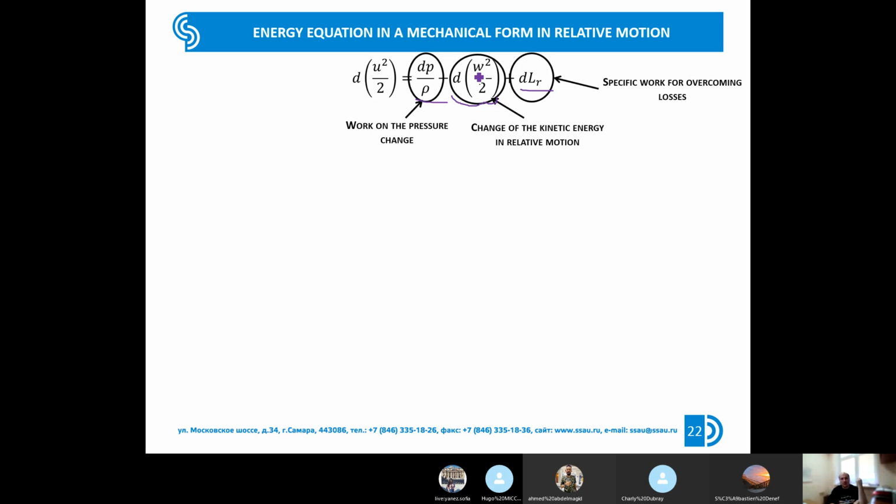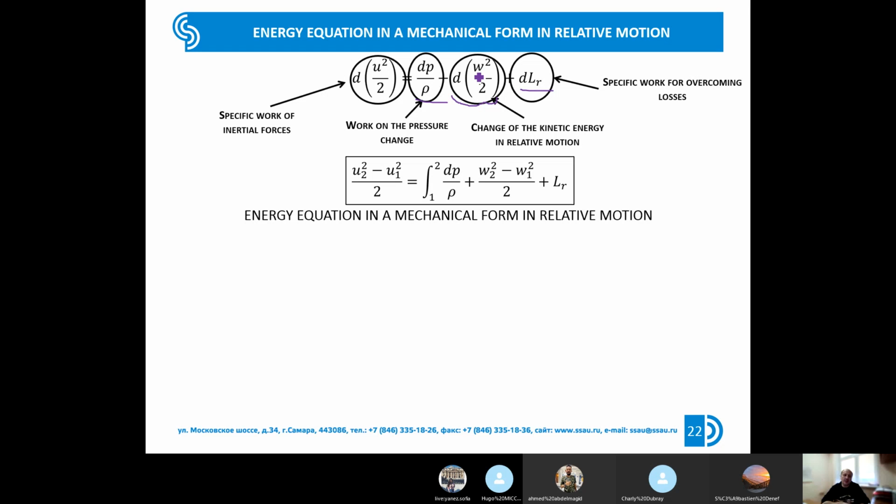And the left term looks like change of kinetic energy, and this term is the specific work of inertial forces. So let's integrate this equation, and finally we receive the classical shape of the energy equation in mechanical form in relative motion.